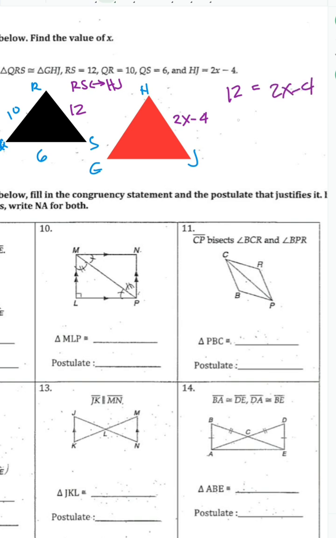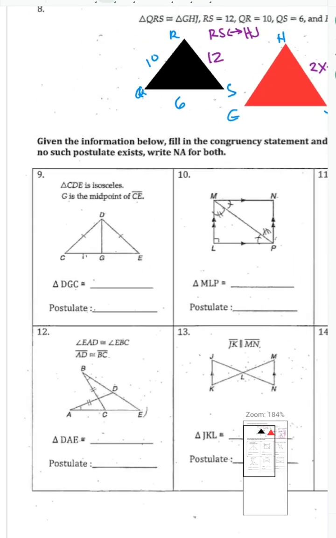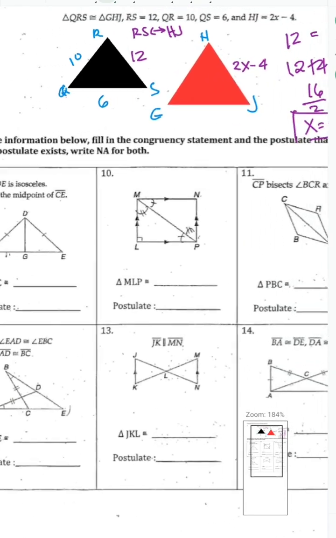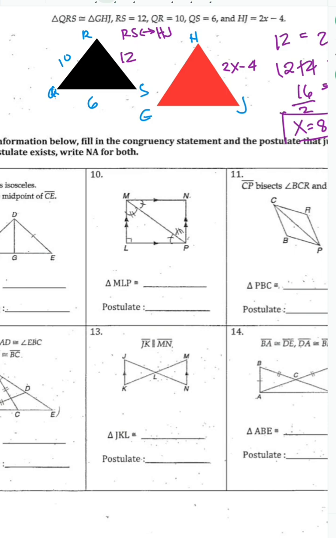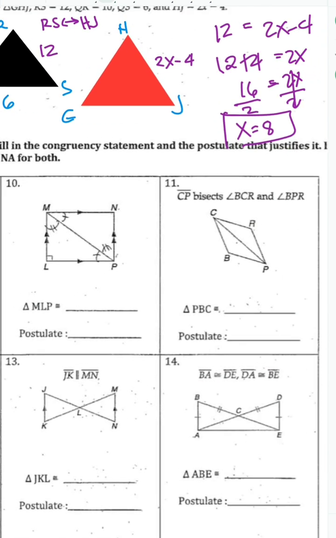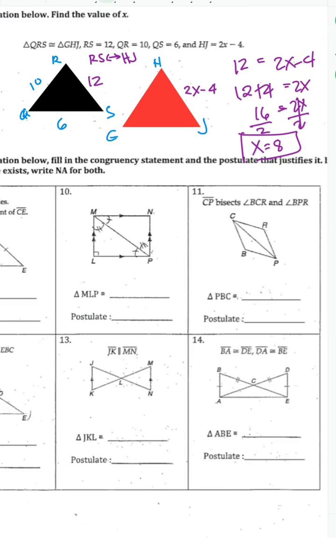So we group like terms, so 12 plus 4, this is 2x. 16 equals 2x, divide both sides by 2, so x is equal to 8. Okay, you got that? For number 9, given the information below, fill in the congruency statement and postulate that justifies it.